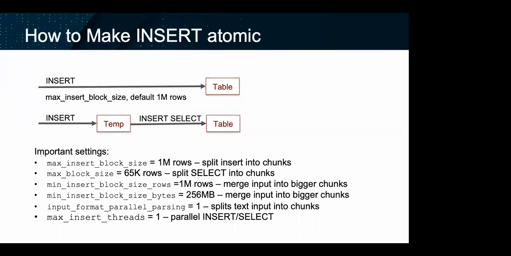Then there are two parameters, min_insert_block_size_rows and min_insert_block_size_bytes, and ClickHouse will try to merge data into those amounts before writing a chunk of data to the storage. So if you want to do an atomic insert here, you need to adjust those two parameters. The same parameters are also used when inserts are going via HTTP. It's counterintuitive, but ClickHouse client and the HTTP interface require different parameters for atomicity.